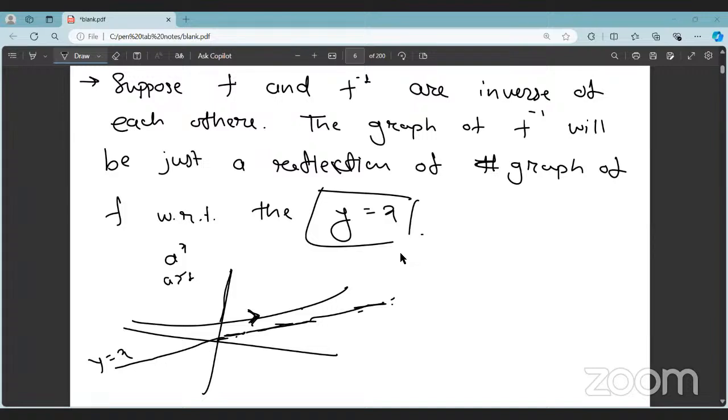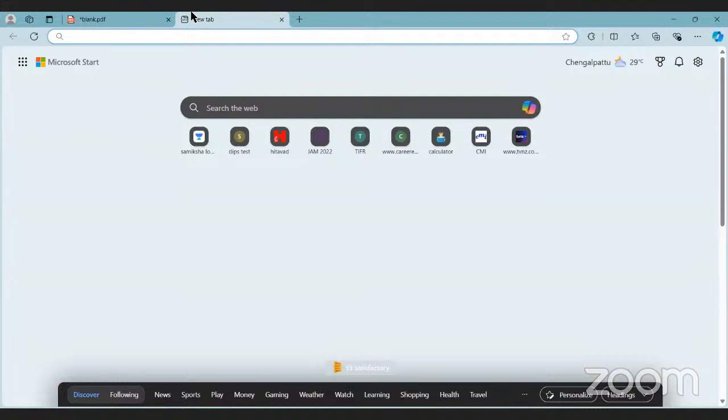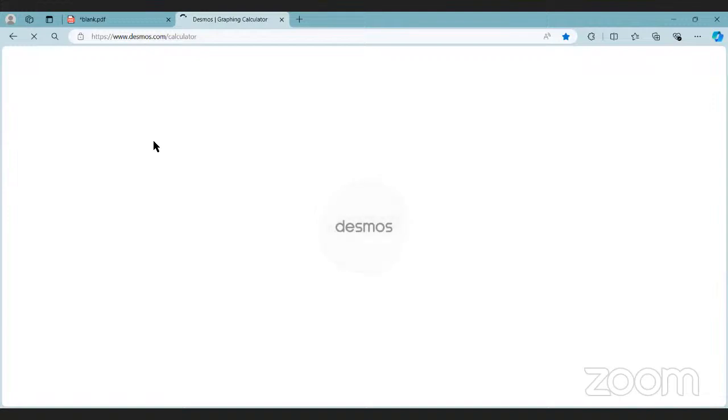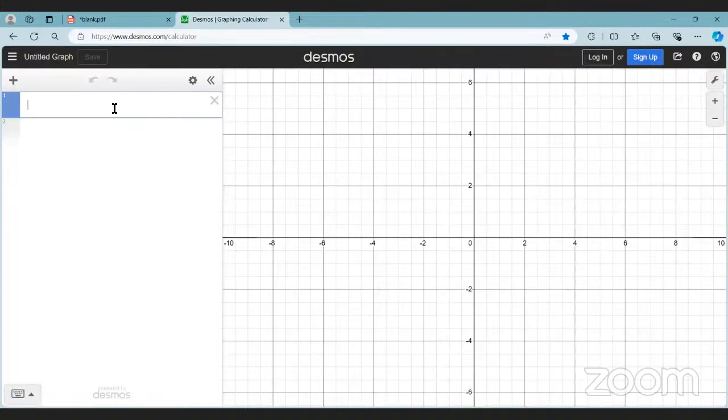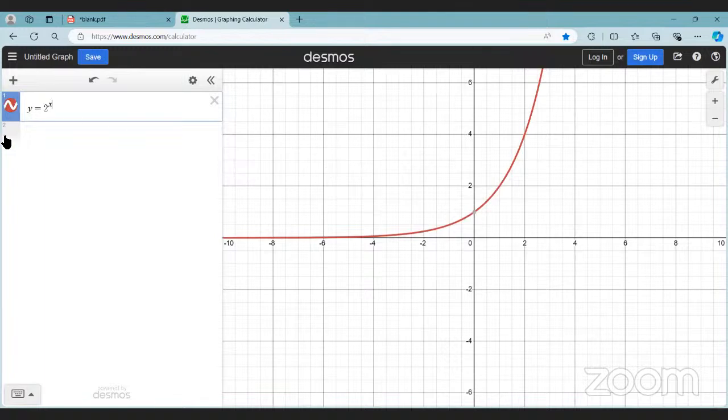If we take the reflection of this thing, what will happen? This is the reflection of this. Let's see using Desmos. My screen is visible, right? So if I simply take y equals 2 to the power x, the red one is the graph.